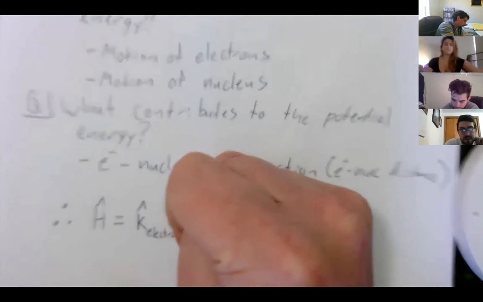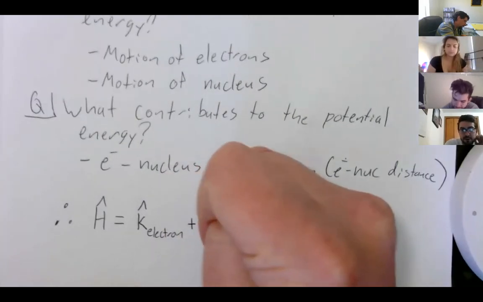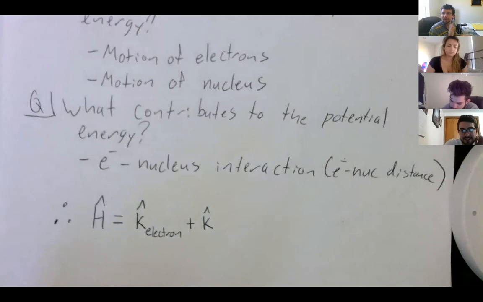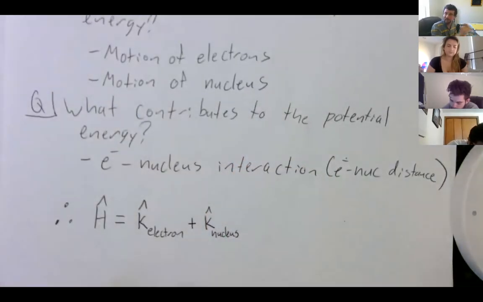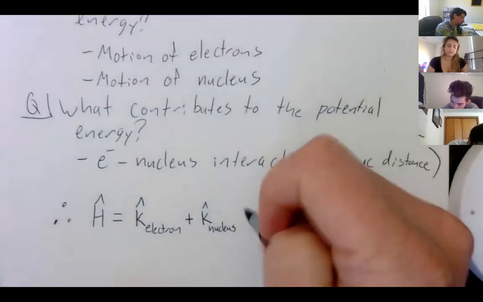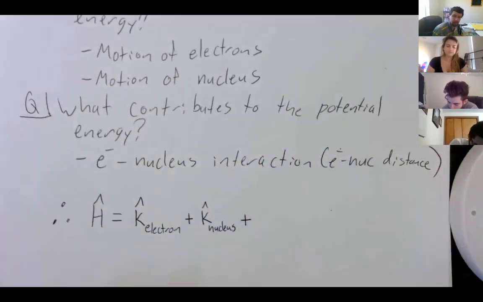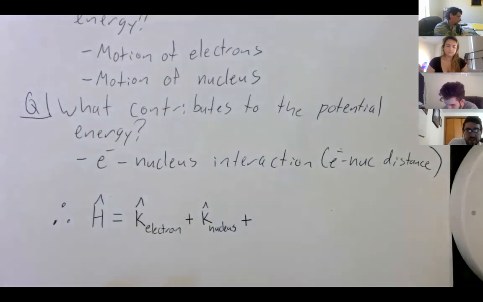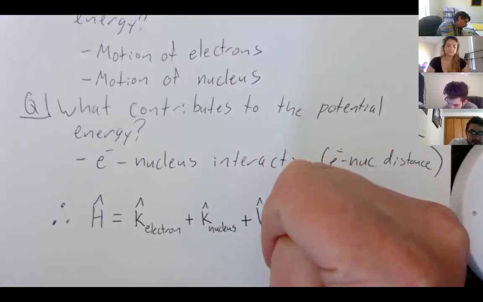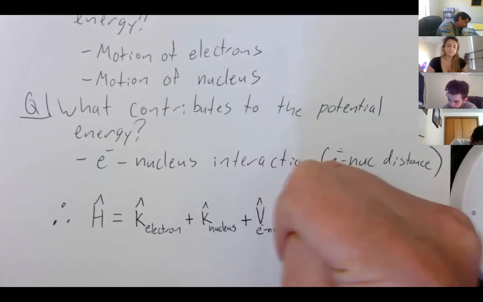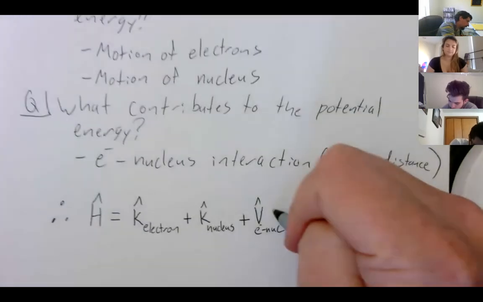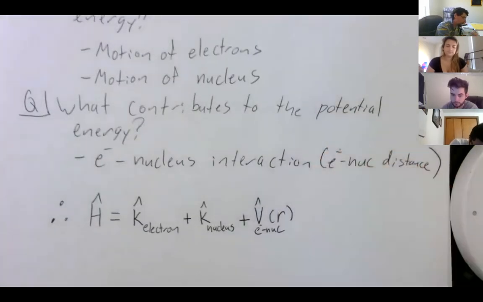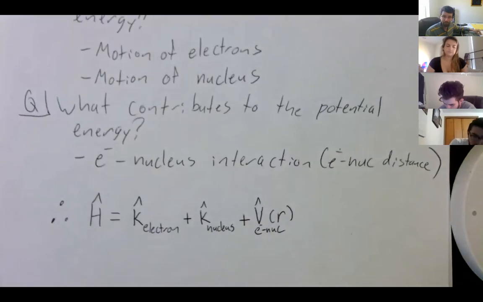And then K of the one proton and one neutron together. We're still going to call that nucleus, because it'll benefit us later on to use that language. And then what else do we got? Plus V of the electron nucleus distance. So the potential of the electron and nucleus, and that depends on R.